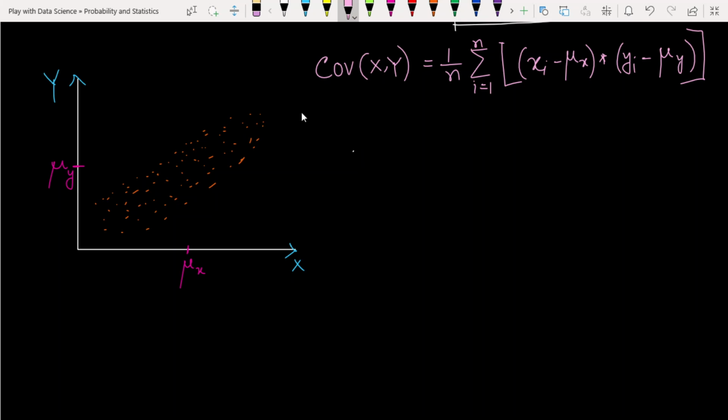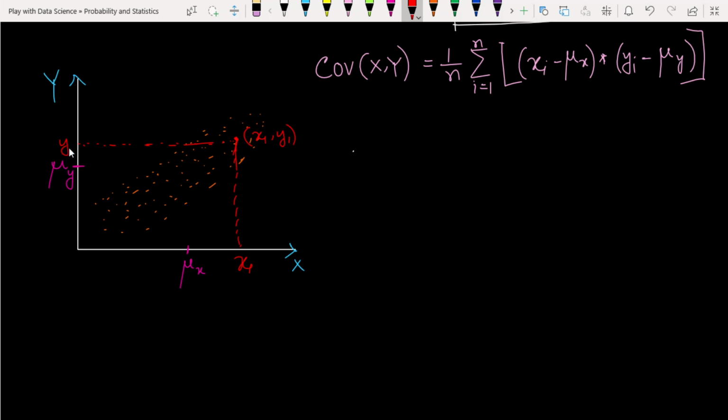Now let's try to understand this formula through the geometric perspective. Suppose we have a data point, x1 y1, lying here. The x value for this point is somewhere here, x1, and the y1 value is somewhere here.